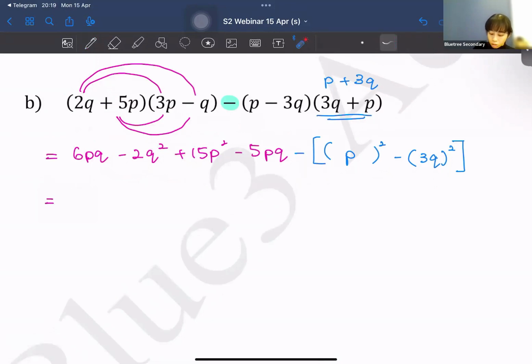Next step, I'm going to concurrently simplify the front part of the expression first by combining this term together with this term. And for the back part of the expression, I'm just going to expand out the power.